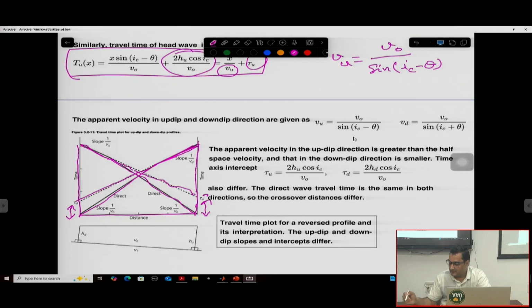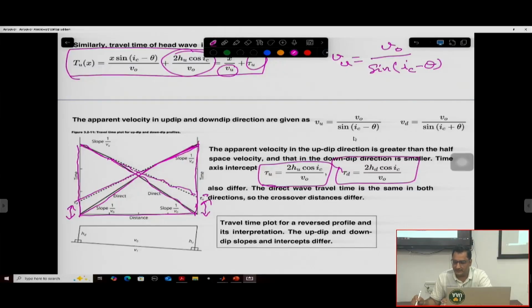And if you look at these values of tau u and tau d, can you make out anything? Which one will be greater, which one will be smaller? It is natural, you can easily see it, right? Both of them are not equal.